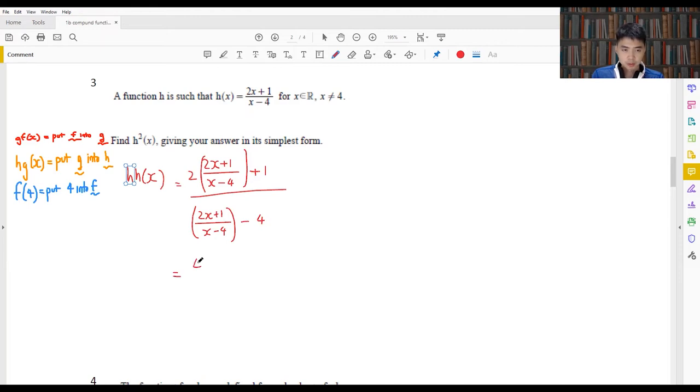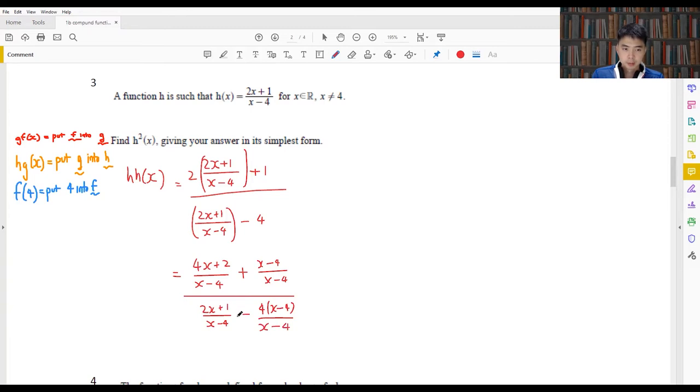You would have gotten 4x plus 2 over x minus 4. 1 can change into x minus 4 over x minus 4. For the denominator here, 2x plus 1 over x minus 4, change 4 into a fraction, and you would get 4 times x minus 4 over x minus 4.